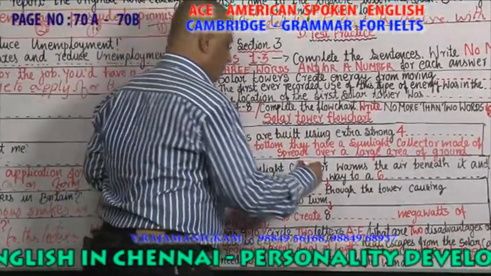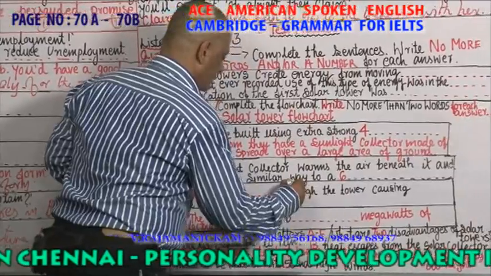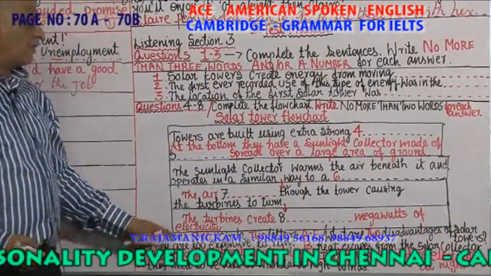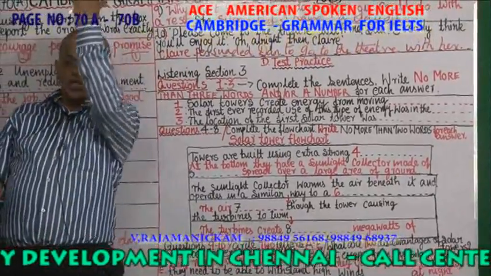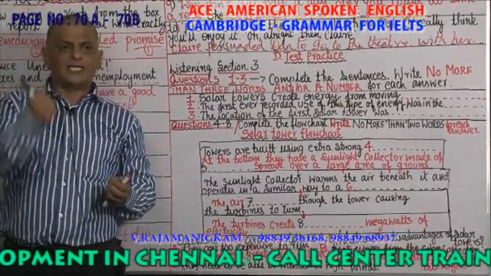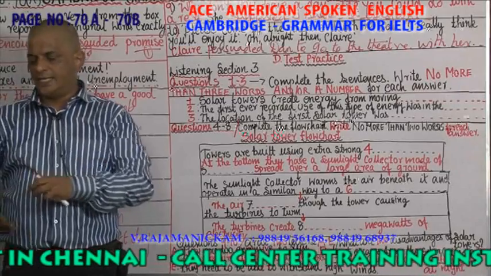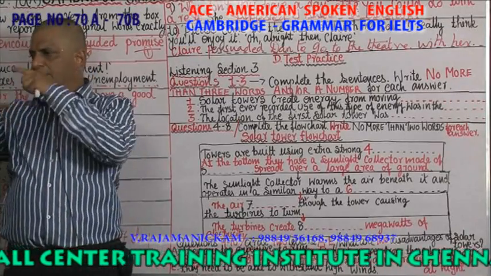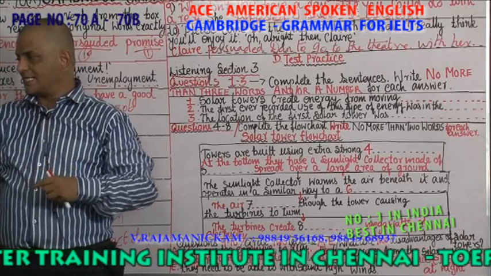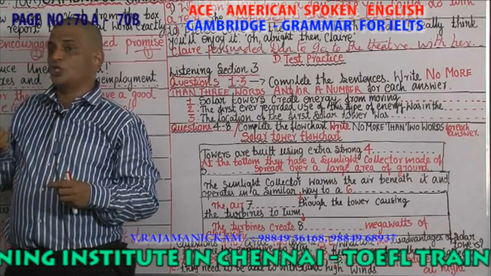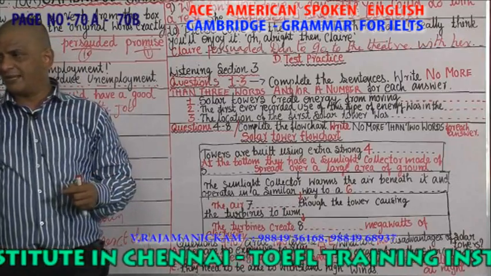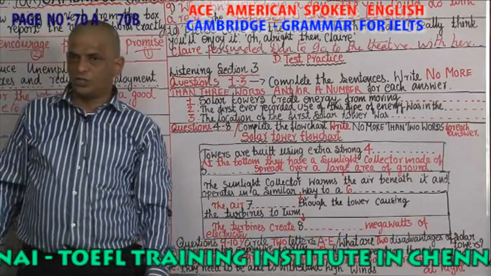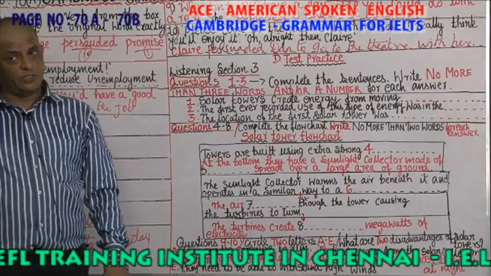Next, the turbines create dash megawatts of electricity. So through the solar energy, absorbing the heat which is stored inside, it goes up, the turbine is revolved, then what happens? Current is extracted. So what is the amount of current? Megawatts, whatever it is, how much is stored? So this is the answer which you have to listen for, be careful.